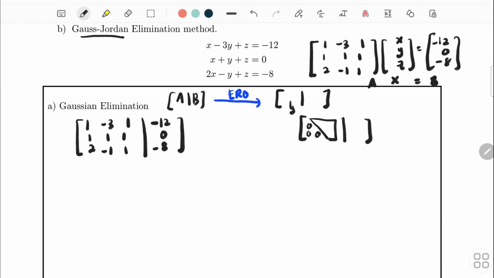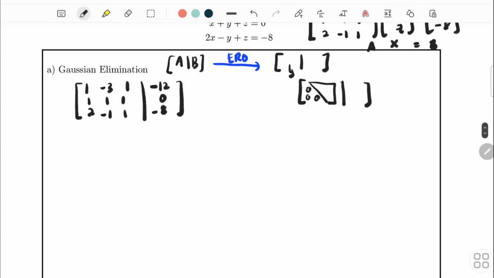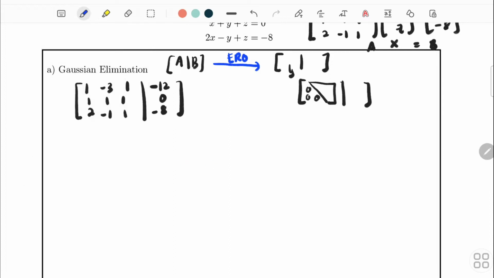Okay, so maybe we're going to start by labeling all the rows here. This is the first row, labeled as A, B and C according to its row: A for the first, B for the second, C for the third row.